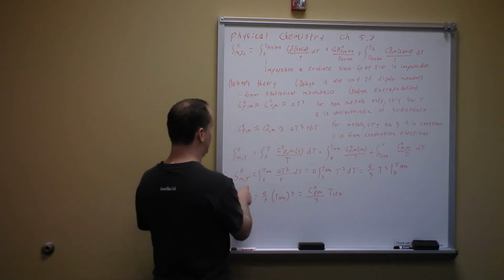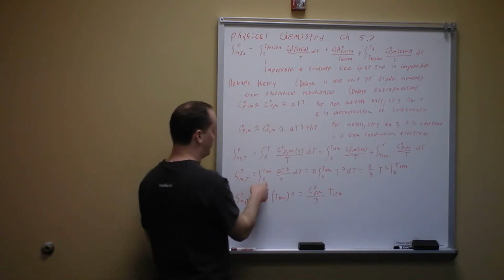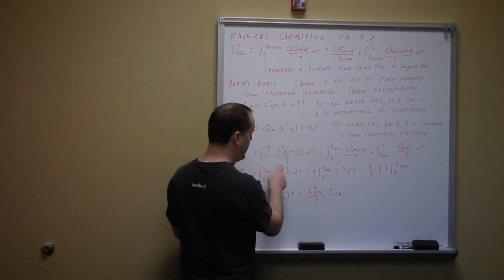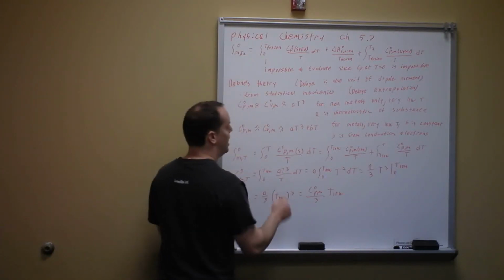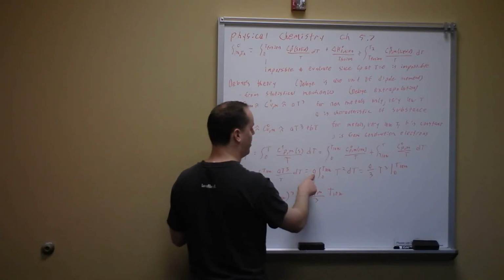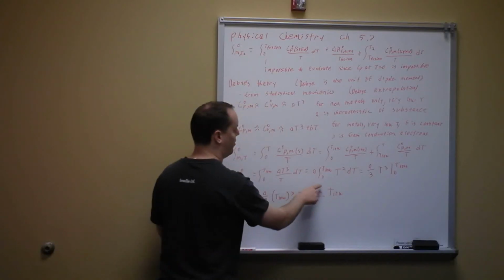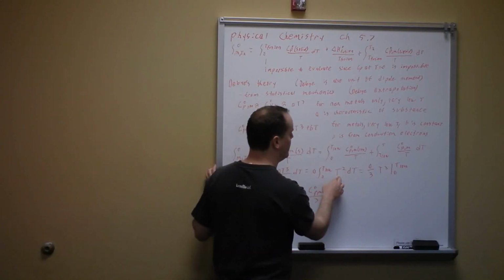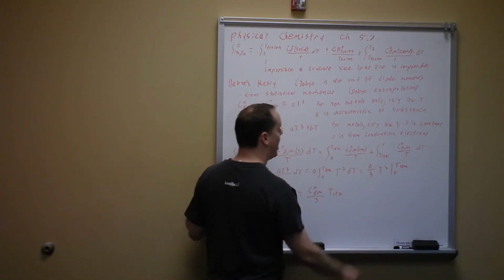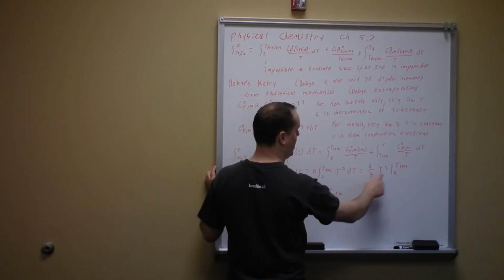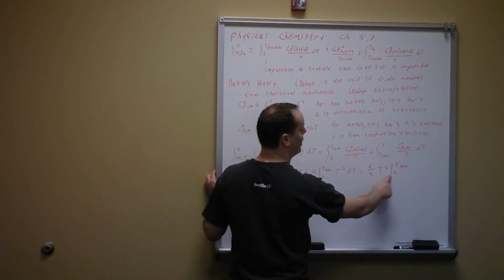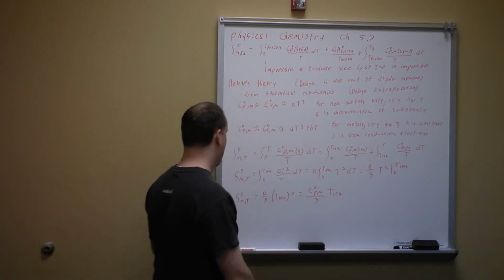Now remember, the entropy at T standard is going to be equal to the integral from 0 to T low. So that's going to be A T cubed over T dT, and you pull out the A because it's a constant, and the T cubed over T obviously simplifies to T squared. And it's still the integral from 0 to T low of that T squared dT. So that just becomes A over 3 T cubed, and that's evaluated from 0 to our T low.